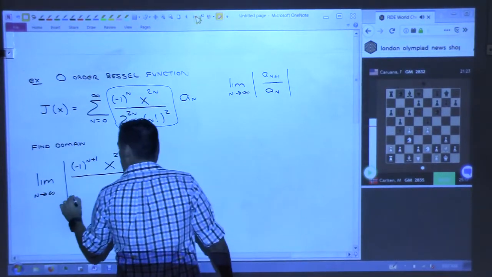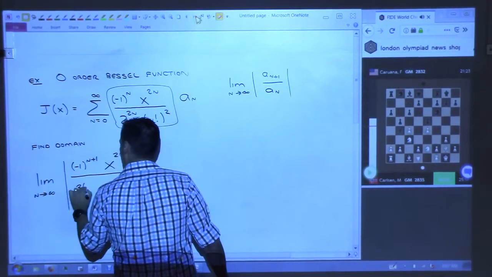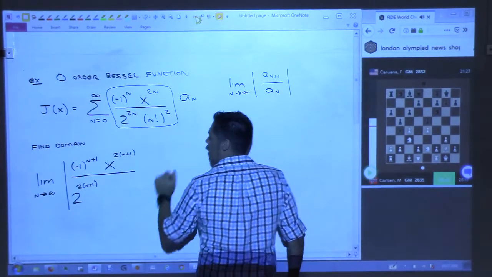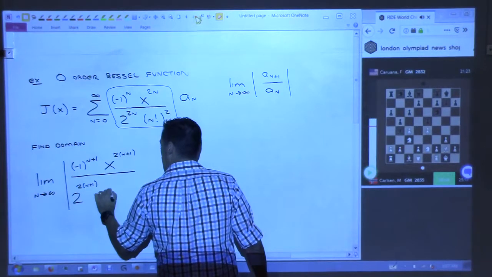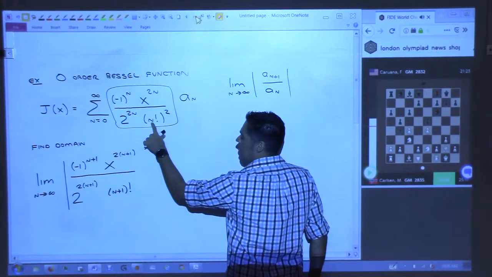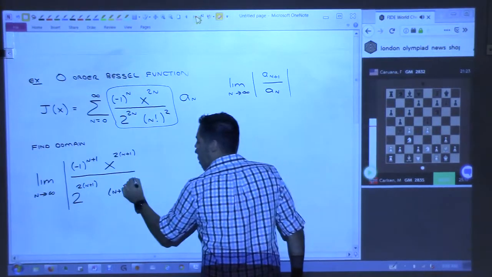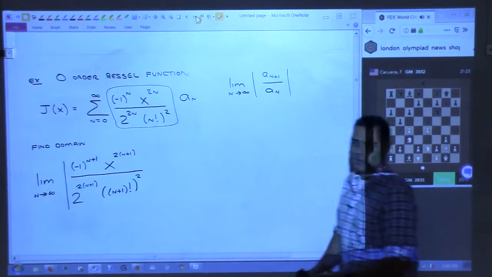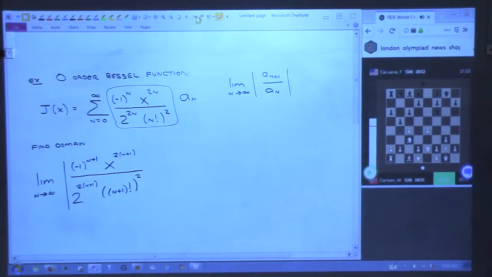And then we have 2 to the 2 times n plus 1 again. And then this, be careful, this is going to be n plus 1 factorial, because I'm replacing that n with n plus 1, but then all of that squared, right? That's a sub n plus 1.